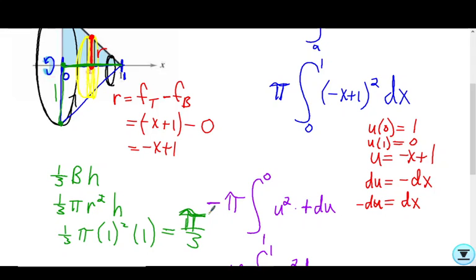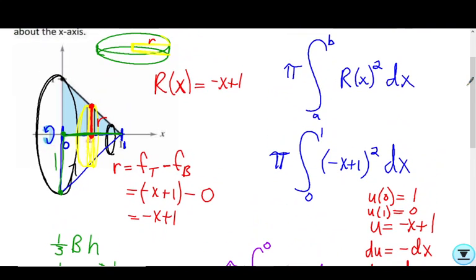Okay? So again, be careful. Sometimes when you do these, you don't even have to do the integration. It's kind of like when we did area under the curve. If I'm doing area under the curve and I have just a linear function, and I ask you to find just the area of this triangle, would you sit there and do an integral from 0 to 1 under that equation?